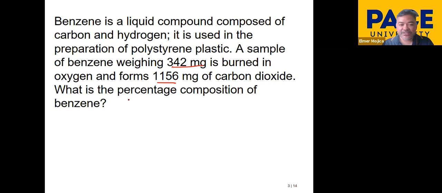So benzene is a hydrocarbon. You are asked how many hydrogen and how many carbon do you have in a given benzene? If you're going to analyze, you have 342 milligrams of that. You react it with oxygen. What happened?